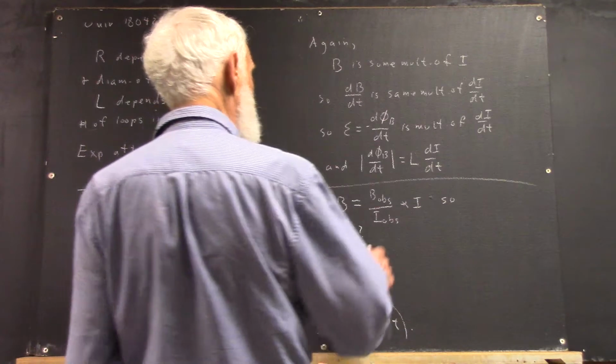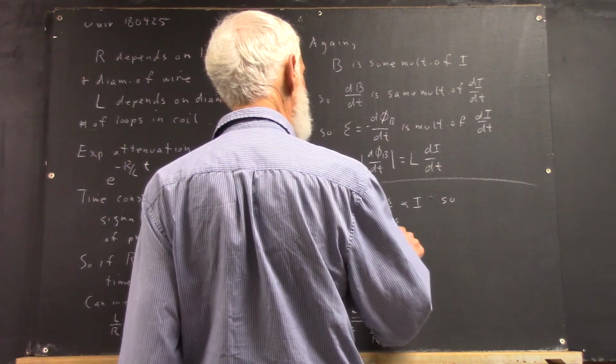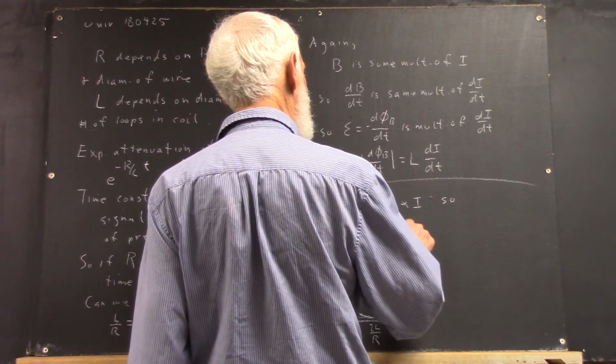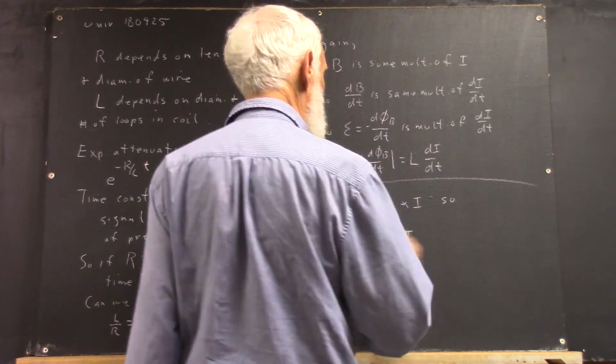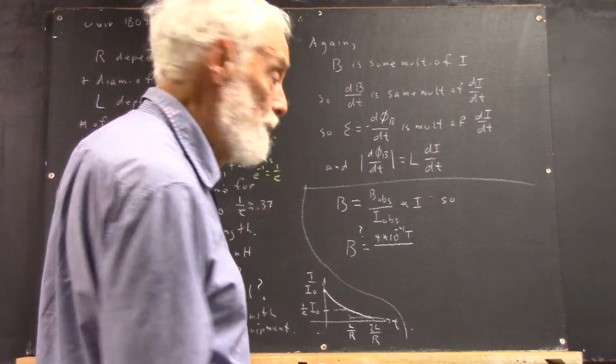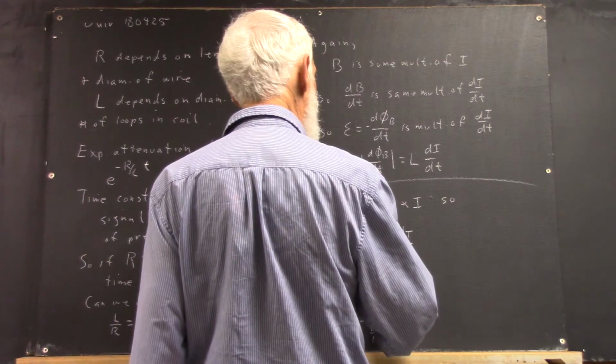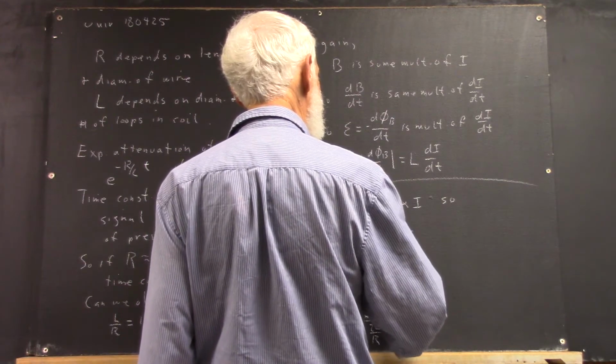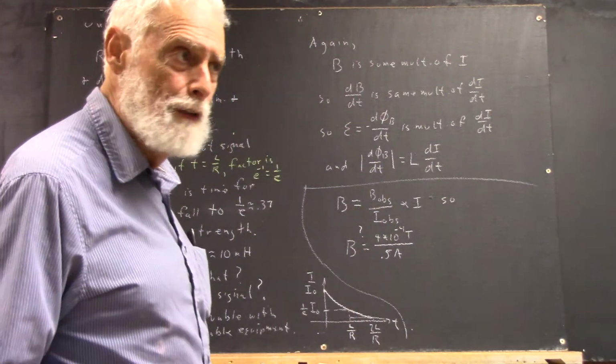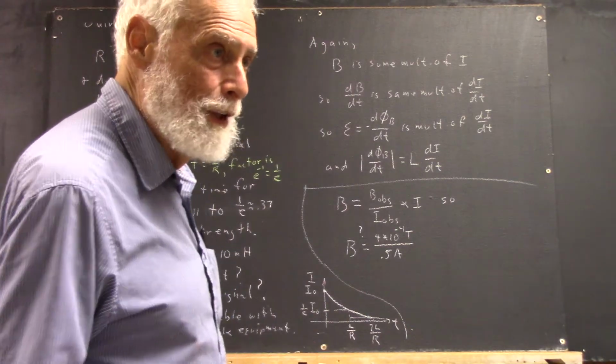So you got something like 4 times 10 to the negative 4th Tesla, which is reasonable, divided by the 0.5 amps, which is not far from reasonable, even if it isn't quite right.